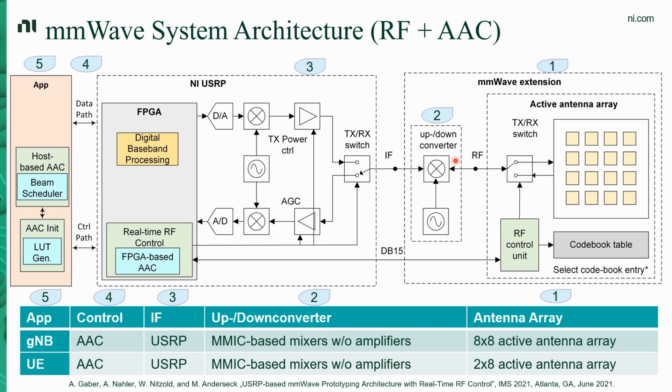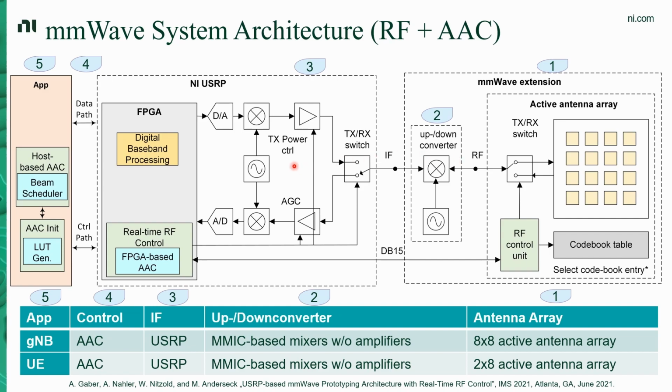In our design, the RF 5G mixer is a 24 to 28 GHz up and down converter. In our prototyping setup, 8x8 and 2x8 active antenna arrays are used on G-Node-B and UE respectively.